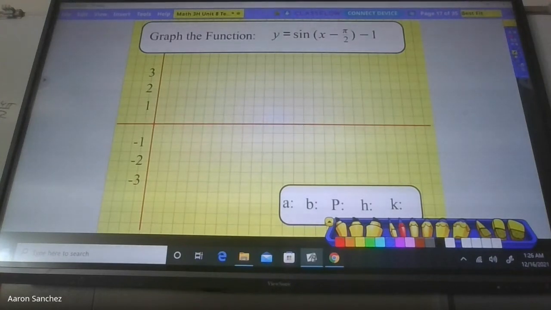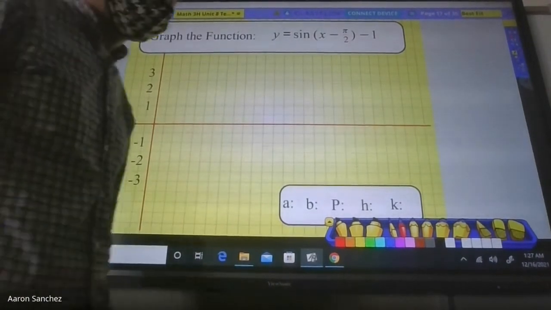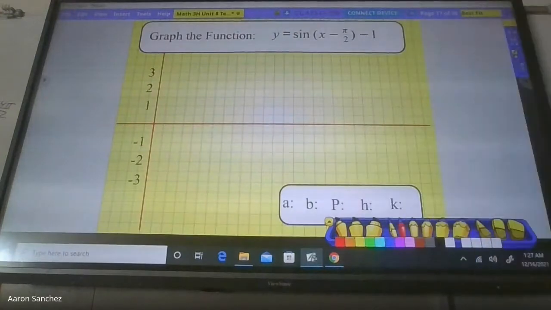This might be the hardest part. There's a matching section though. So what do you guys think of matching? Matching section.